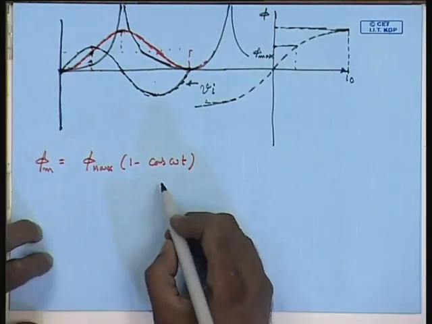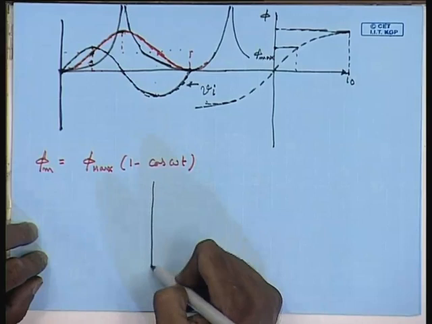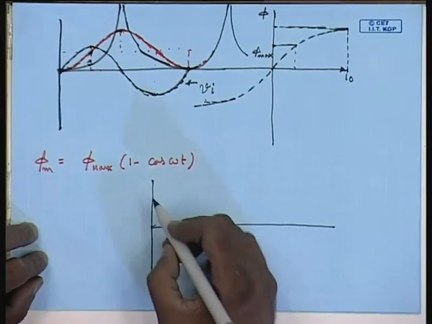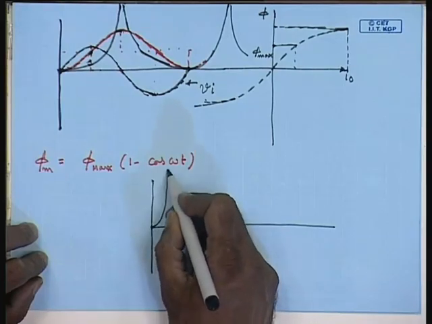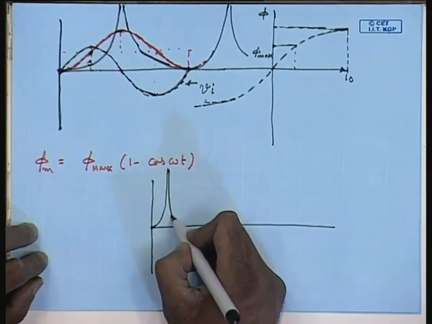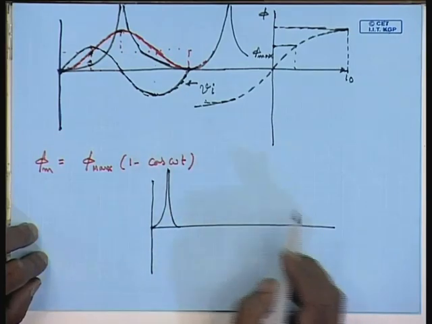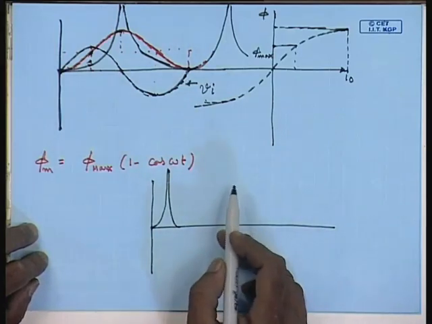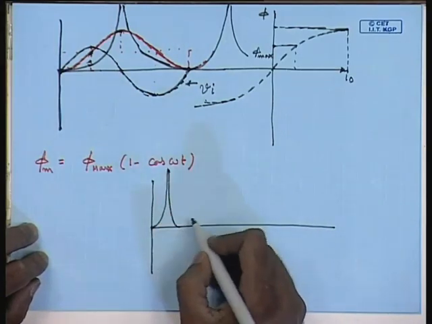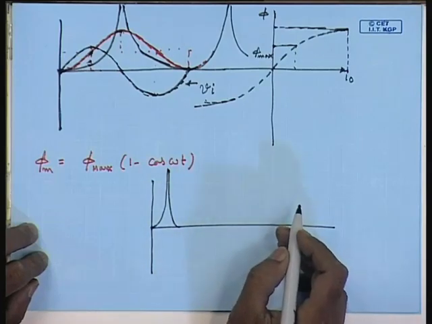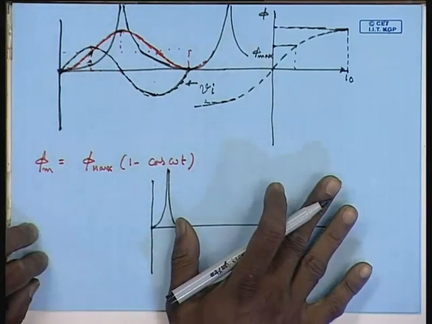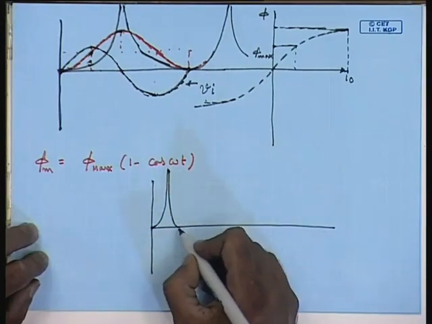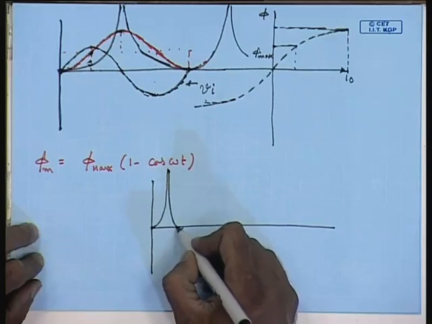If we look at a large time scale, we will find right after switching the current rises to a very high value and is almost entirely positive. It does not become negative initially. Then slowly, because of different losses in the core, the flux gradually reduces and settles down to its final value. Accordingly, current also gradually reduces.